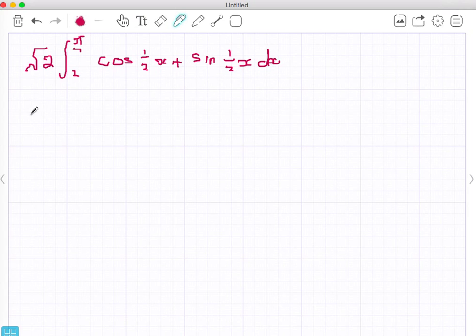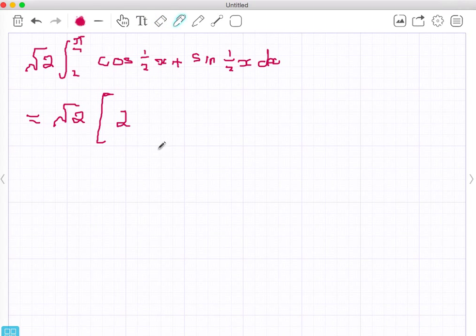When I integrate that, this is almost the easy part. This is going to come outside and be divided by a half, so this is actually going to give you 2. And this one's going to give you sine half x.